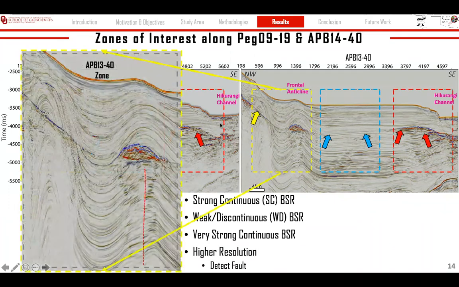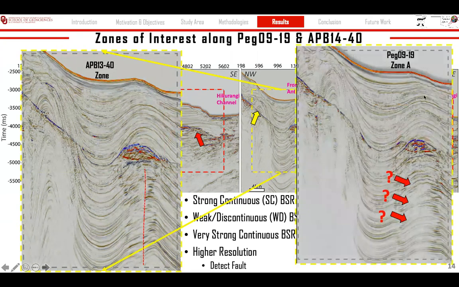It is also worth mentioning that using the APB 13 survey, which has a higher resolution, we're better able to interpret a fault that lies beneath the frontal anticline feature, as compared to the PEGO 9-19 survey, where we cannot resolve this fault. It is important to indicate this to support the idea for migration of gas up the fault to accumulate beneath this area of interest.